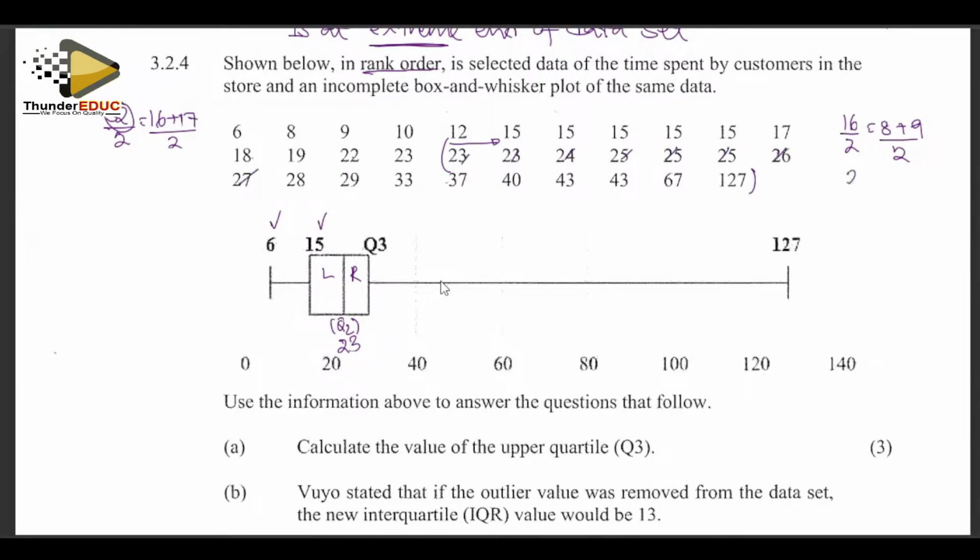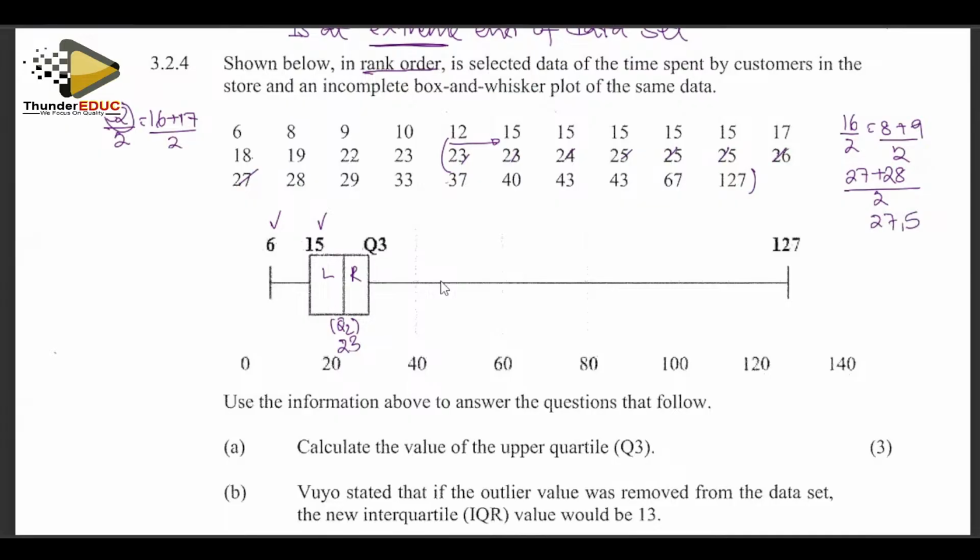So it's 27 plus 28. You understand? I divided this by 2. So 27 plus 28 divided by 2, you end up having 27,5.